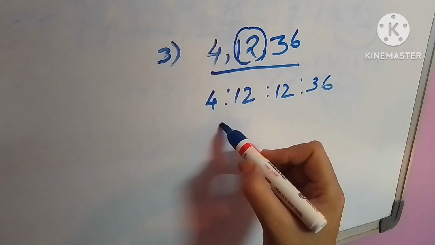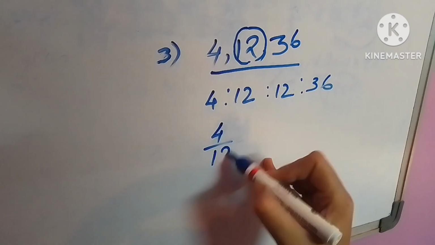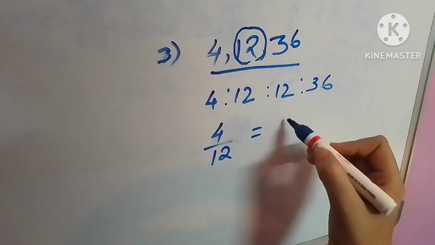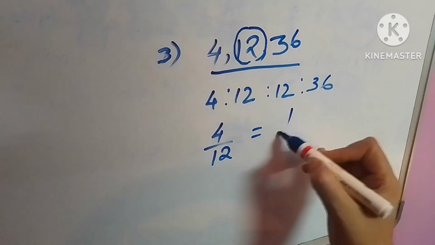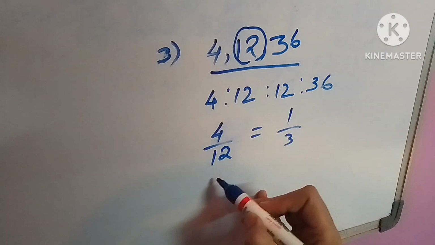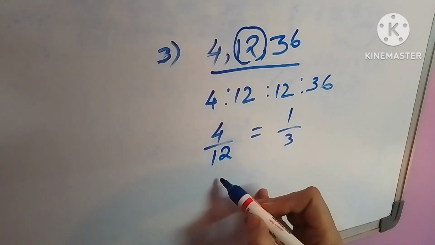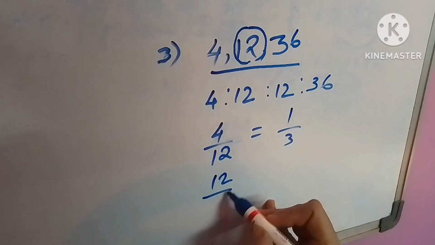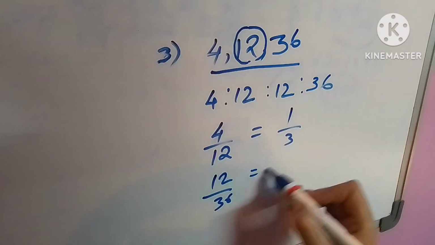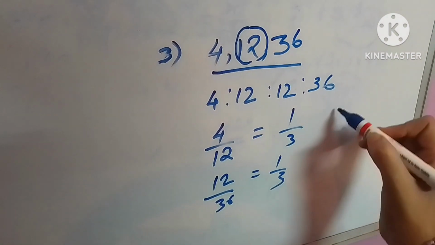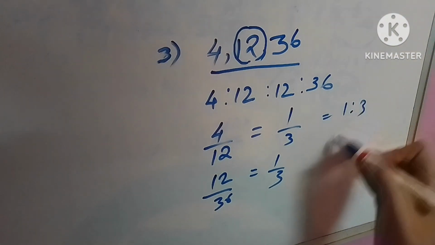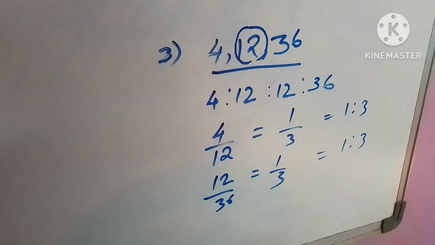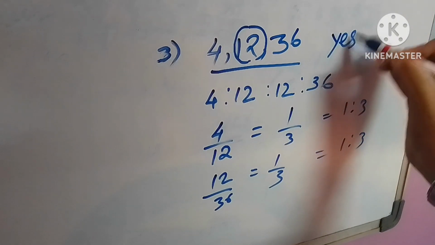Now we have two ratios and we find the lowest terms of these two, and we get that they are in proportion because the lowest terms are the same for both. So yes, they are in continued proportion.